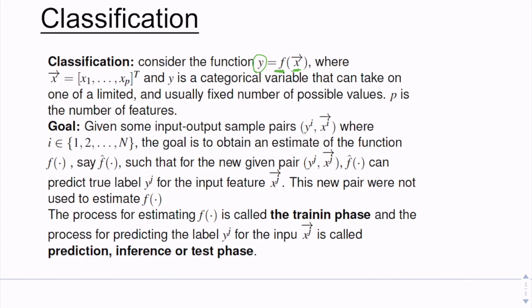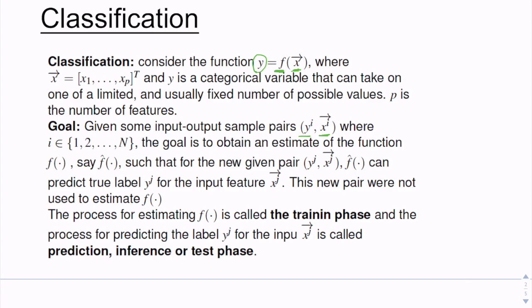So usually we are provided with some samples of the input and output of this model. Namely, let's say we have n samples, and each sample is presented by a pair where the first value of this pair is a scalar and the second is a vector.